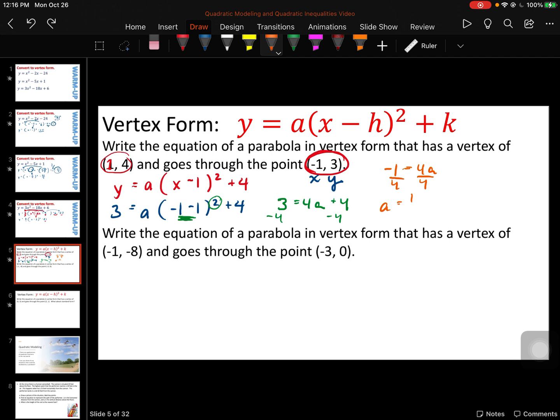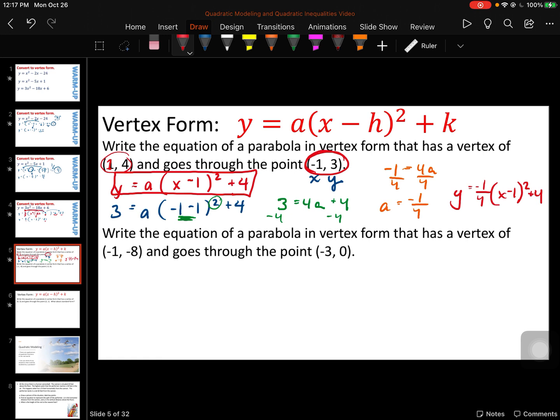So now your final equation, the question asks you to write the equation. So the equation is y equals -1/4 times x minus 1 squared plus 4, because that was just coming all the way back to what we started with. Now that we have the a value, we just plug it in. Okay, so we plug in the vertex, plug in the other point I give you, and write the equation.